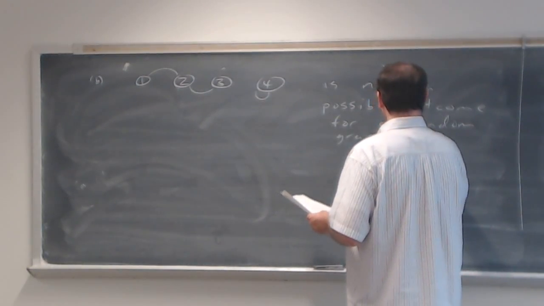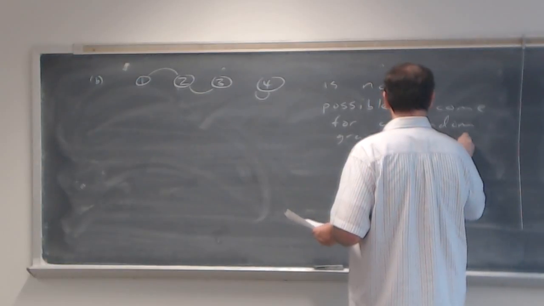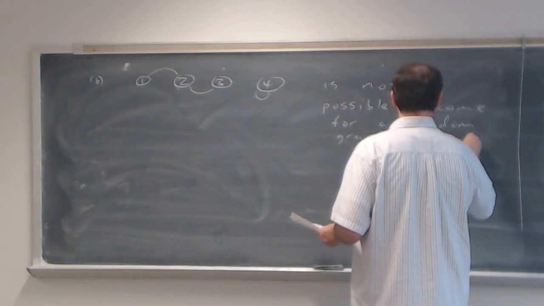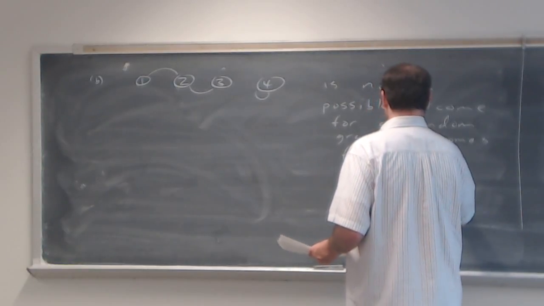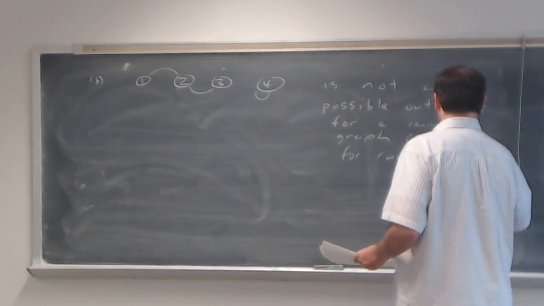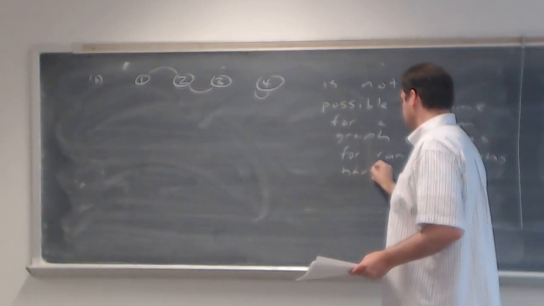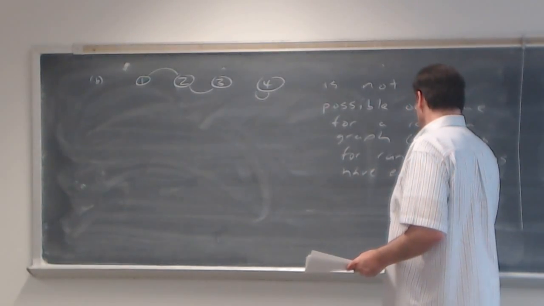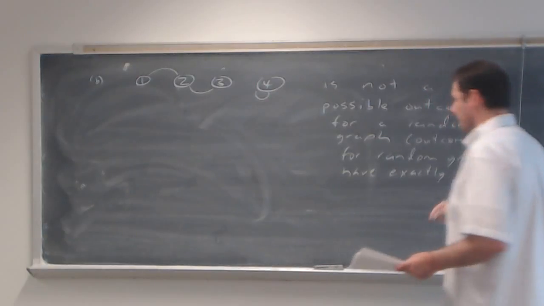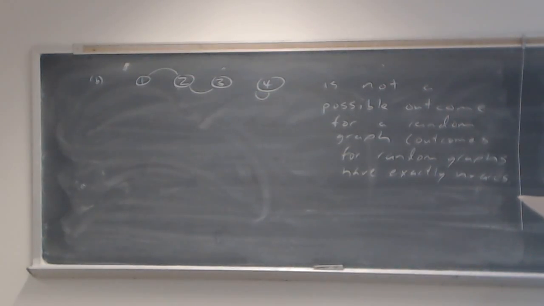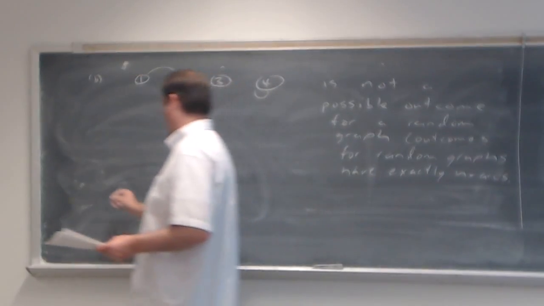So outcomes for random graphs have exactly n arcs, n number of arcs, okay? Of course, this particular graph is not connected, but it's not even a random graph.